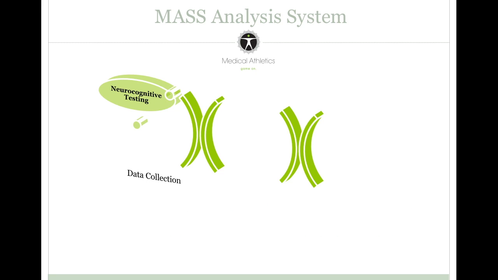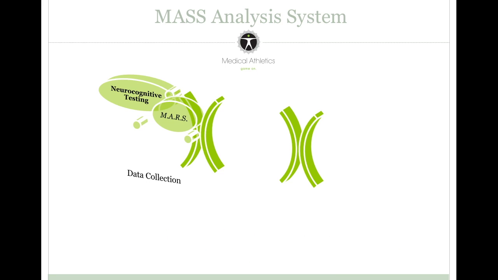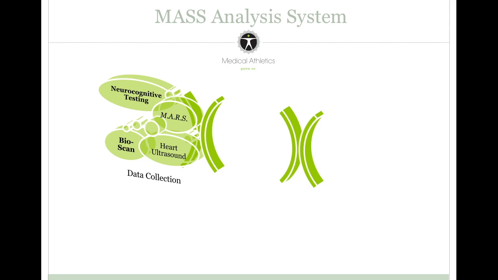So that's one aspect. The other thing that we do is we perform our Medical Athletics Response System, or MARS, testing. This tool gives us more information about how your brain and body are interacting together. Additionally, we scan the brain's vasculature with our bioscan technology.